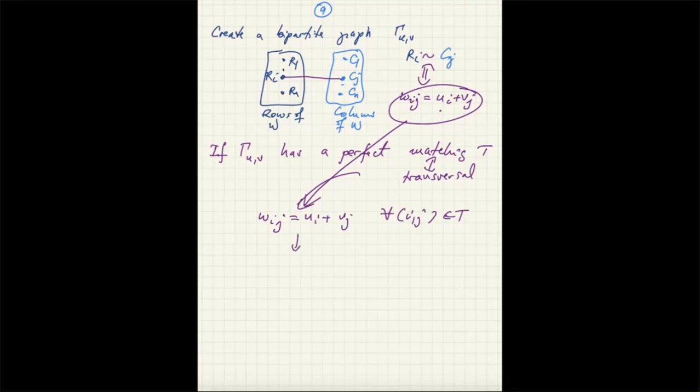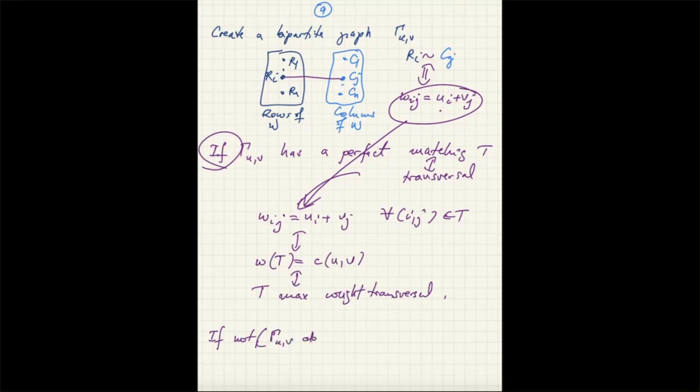So the weight of the transversal is the cost of the cover, and that is the same thing as T being a maximum weight transversal. But that is the lucky situation. What can happen is that gamma UV doesn't have a perfect matching.